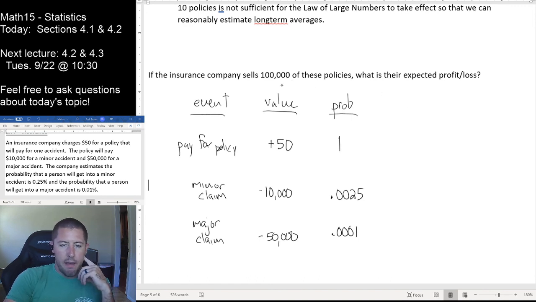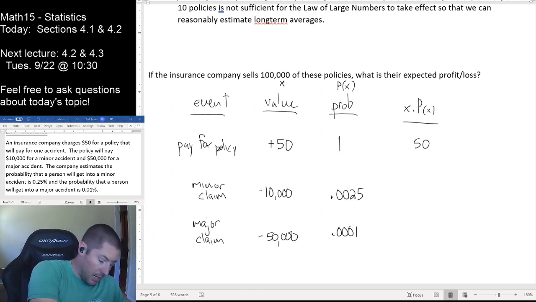So what I want to do now is see what all of my values are. Again, my values are my x's, my probabilities are my p of x's, and so I'm going to make my x times p of x column. In this case, I'm going to get 50 times 1 is 50. Negative 10,000 times 0.0025, the 4 decimal places says lose 4 zeros.